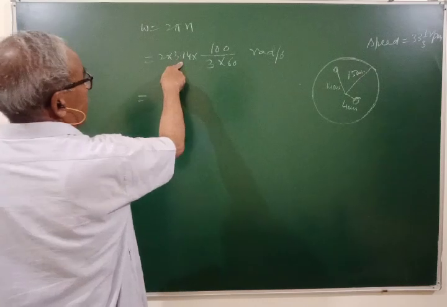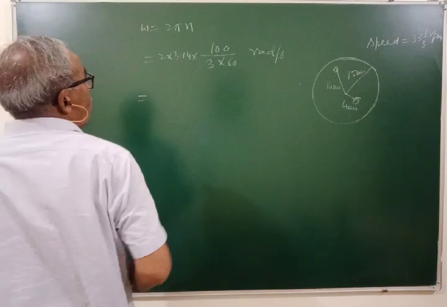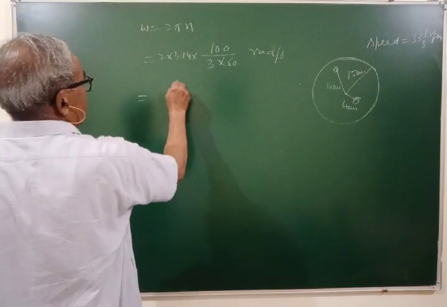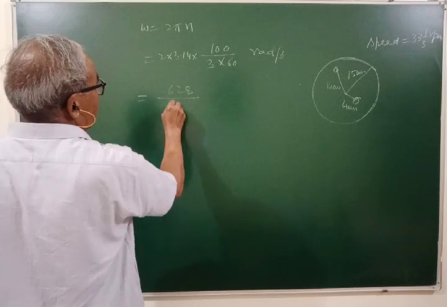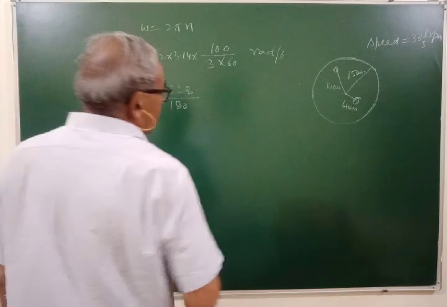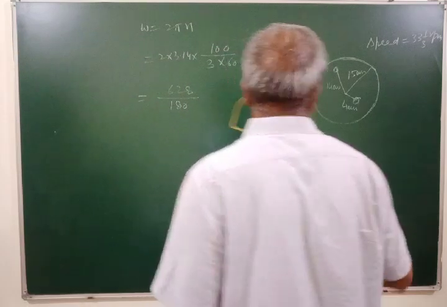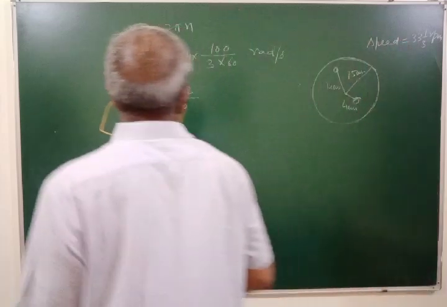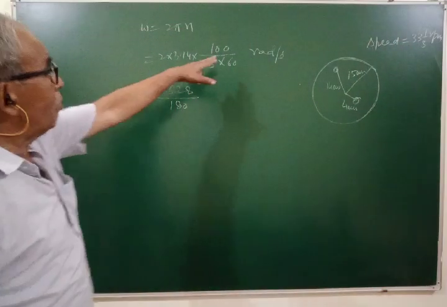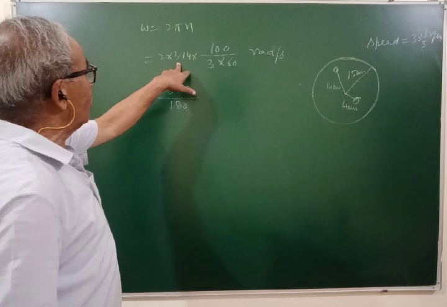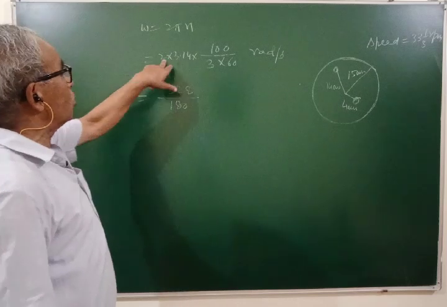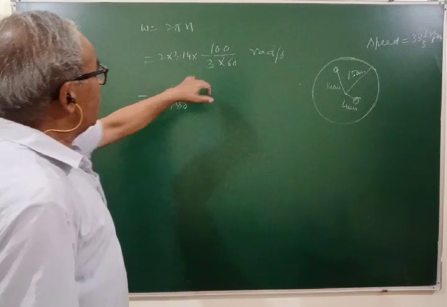Actually 314 into 2 is 628 upon 180. You can divide here very easily. I think it is a very simple calculation.